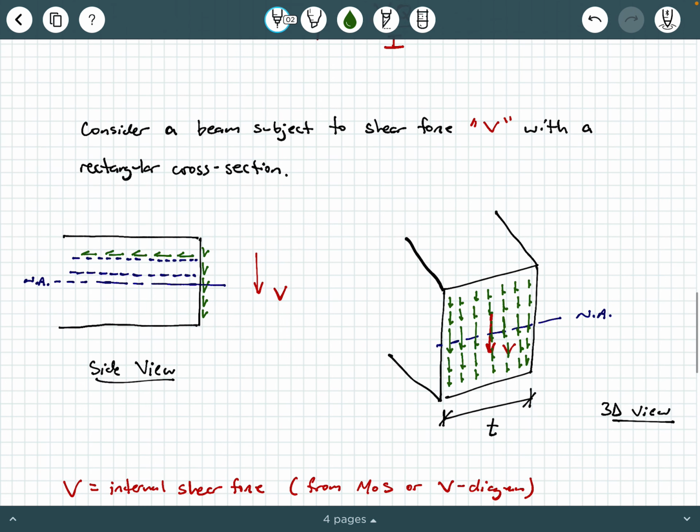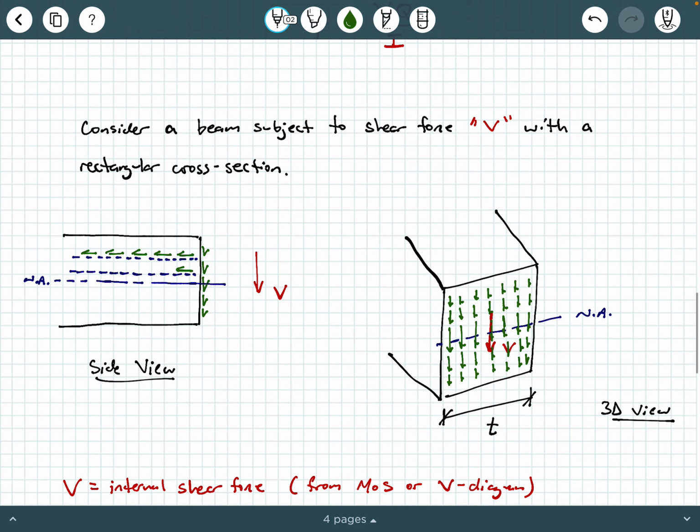Now, the way we calculate this is little q is V times capital Q over I, all right? And so I can make a little note here. This right here is q equals V times capital Q over I at that particular location, without the t.